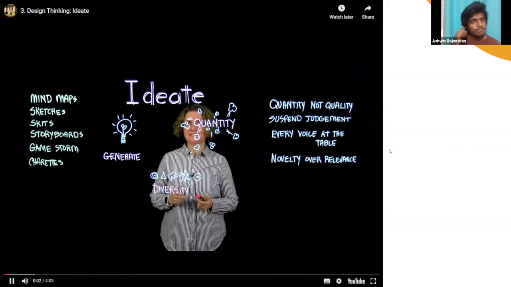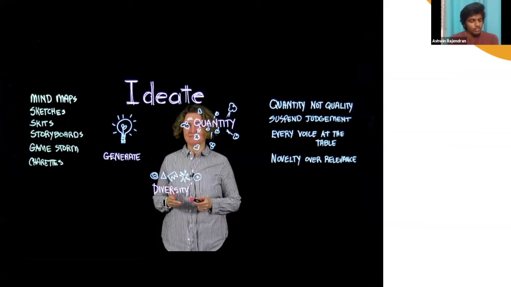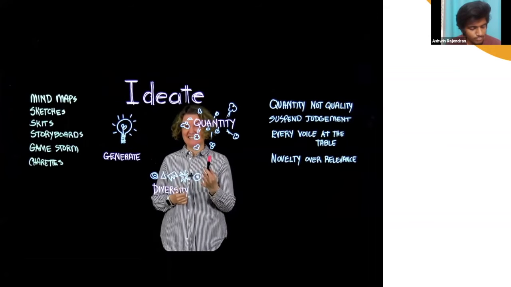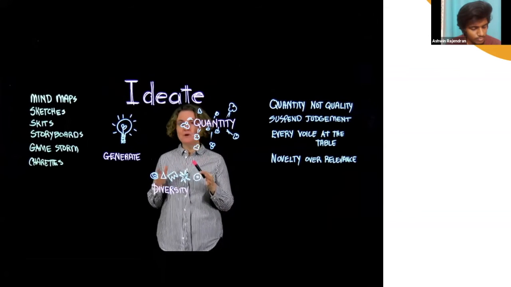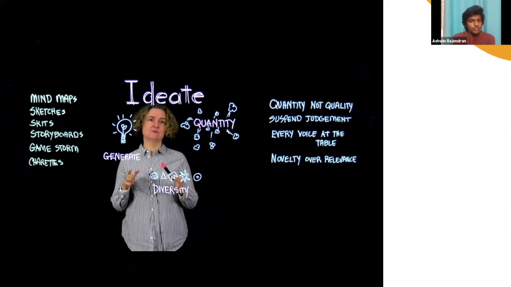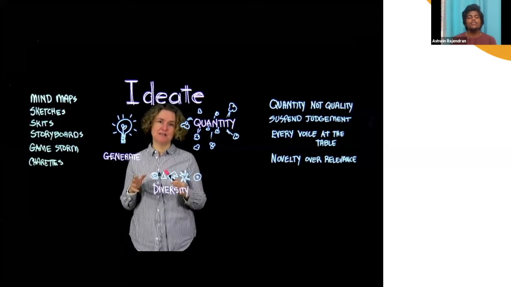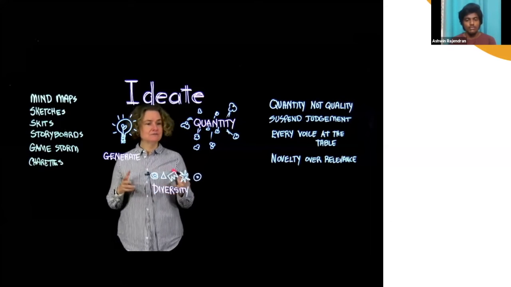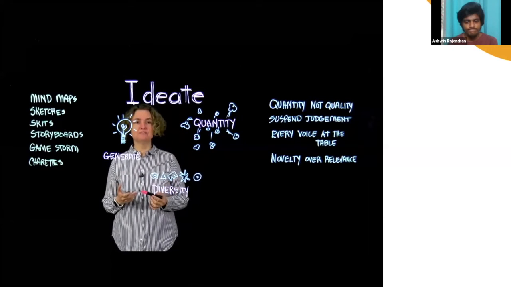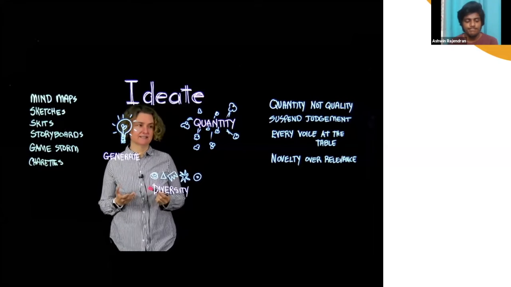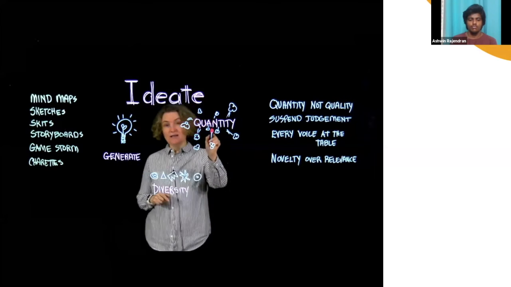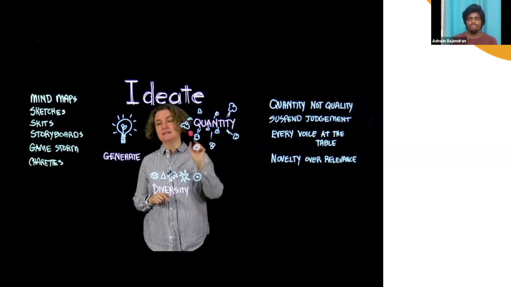The next step in the design thinking process is my personal favorite, ideate. Coming up with as many ideas or solutions to a problem as you possibly can. So let's talk about the different ways we approach ideation in the design thinking method. One, we want quantity.